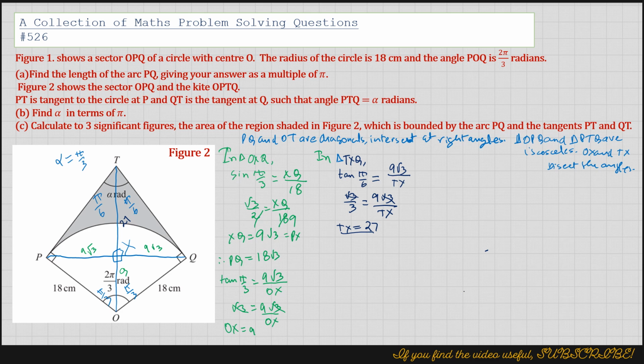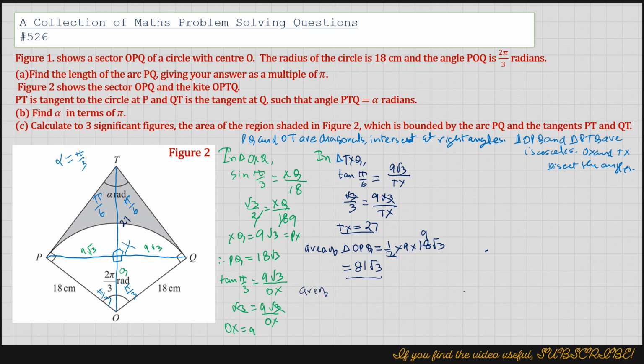Okay, so we know the height and we know the base. So we have to find the area of triangle OPQ, which equals half times 9 times 18 root 3. So then I'd get 81 root 3. Okay, that's one.